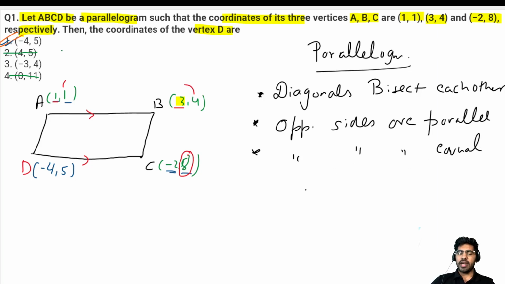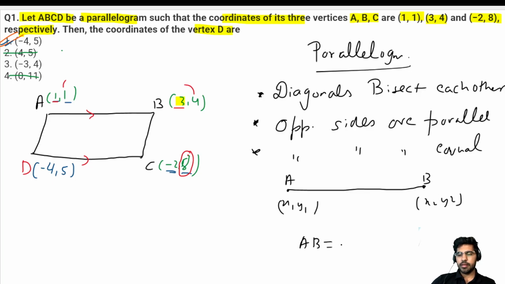Now how do we find the distance between 2 points? Let's understand that first. If I have 2 points x1 comma y1 and x2 comma y2, then the distance between the 2 points, let's say A and B, is given by under root of x2 minus x1 whole square plus y2 minus y1 whole square.